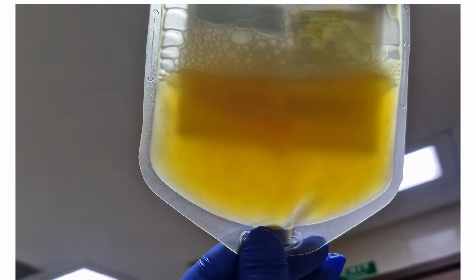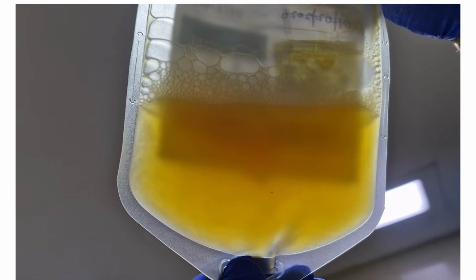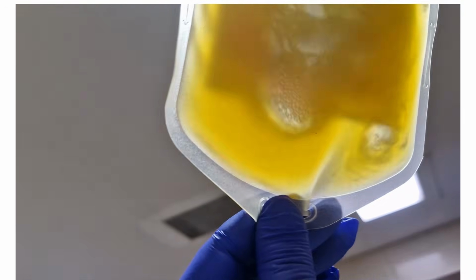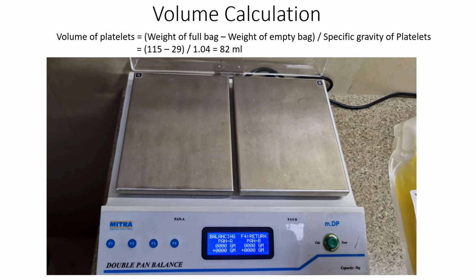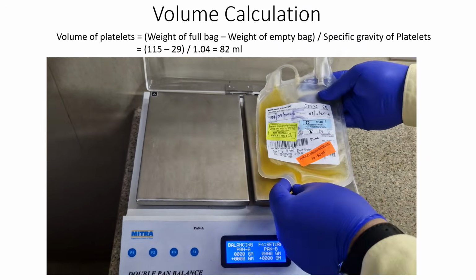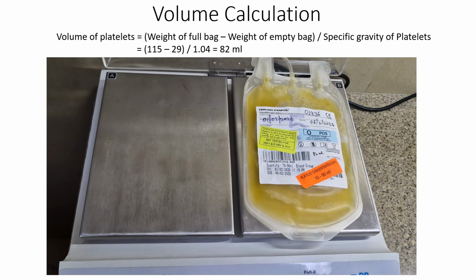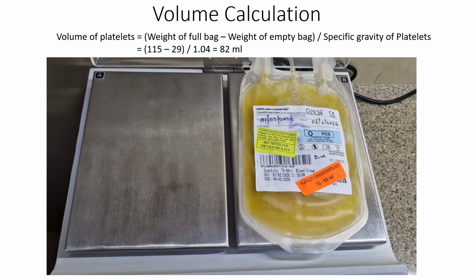As we inspect the platelet concentrate, we can see that swirling is present. It can be seen against light. There is no visual RBC contamination and no discoloration. For volume calculation, we will place the platelet concentrate on the weighing scale.